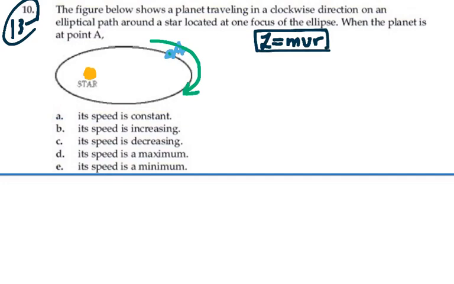So if it is conserved, then the mass times the velocity at one point times the radius at one point is equal to the mass times the velocity at a new point times the radius at a new point. Well, the mass of the planet is the same, so we simply have that the velocity times the radius is a constant. When one goes up, the other one must go down in order to keep it a constant value.